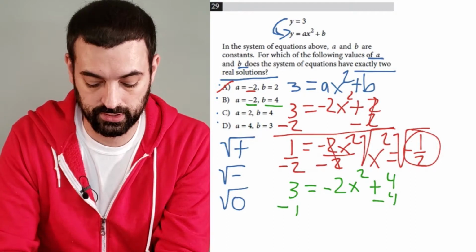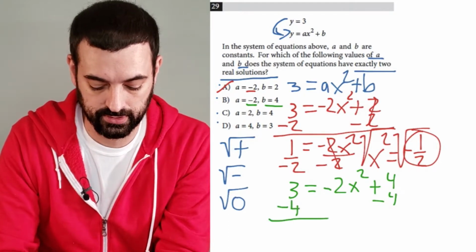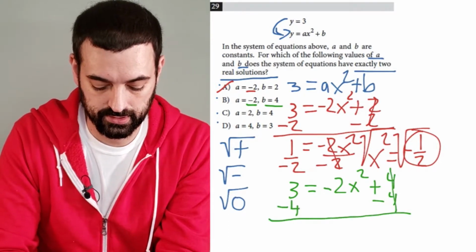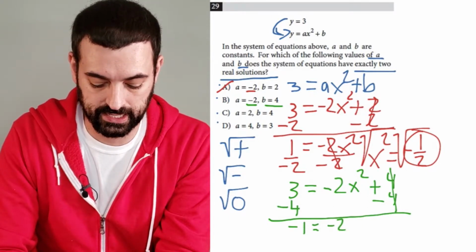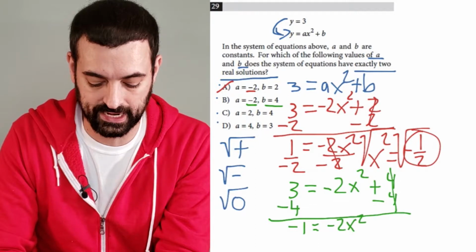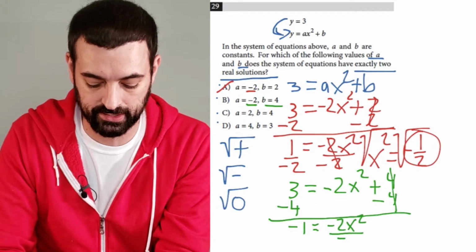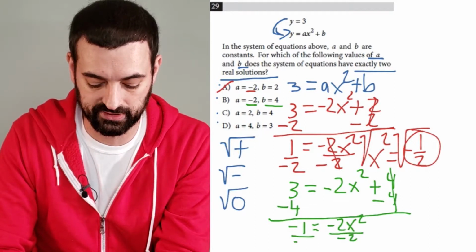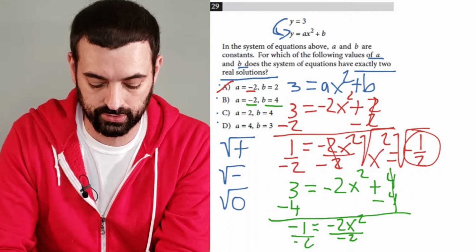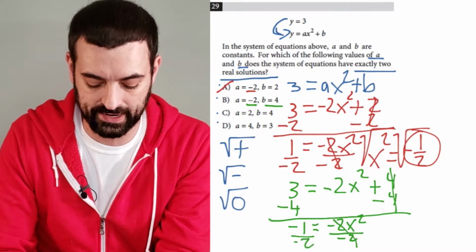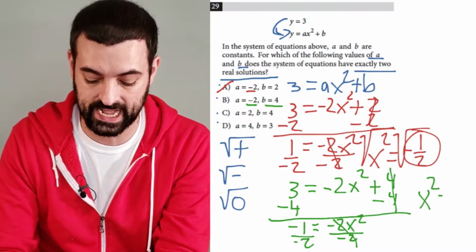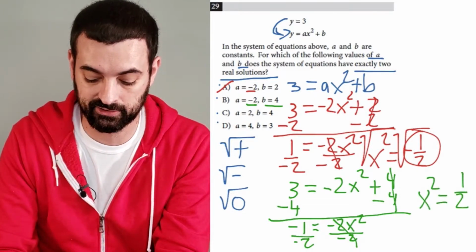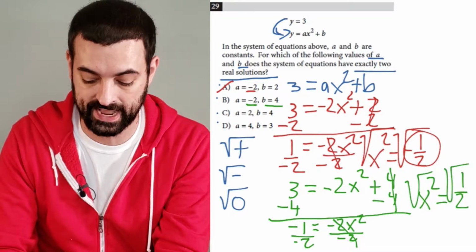Subtract 4, and we get negative 1 equals negative 2x squared. Divide both sides by negative 2. Negative 1 divided by negative 2 is positive 1/2, so we can say that x squared equals 1/2.